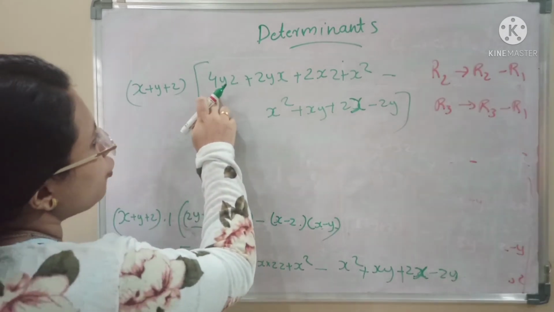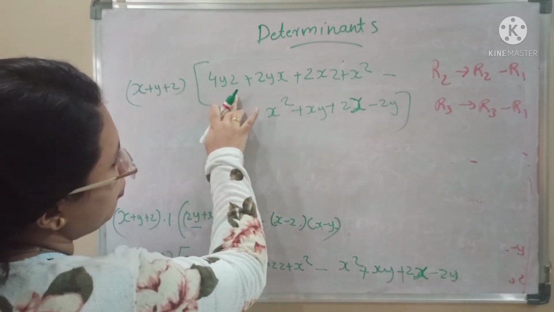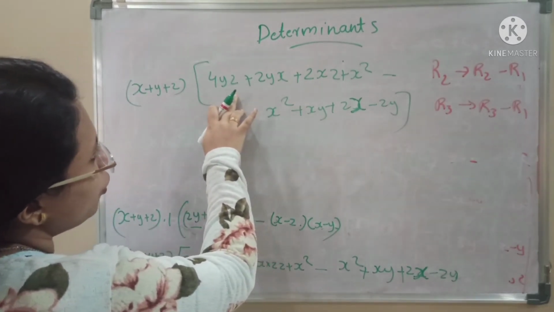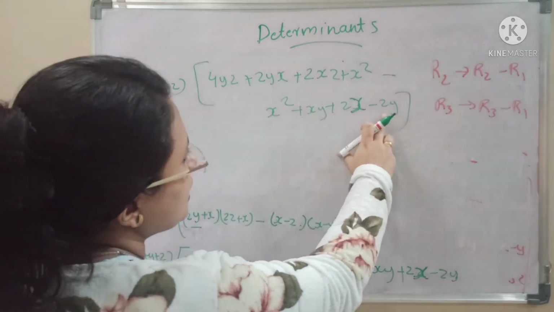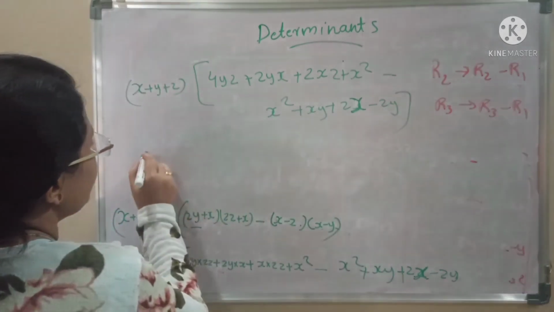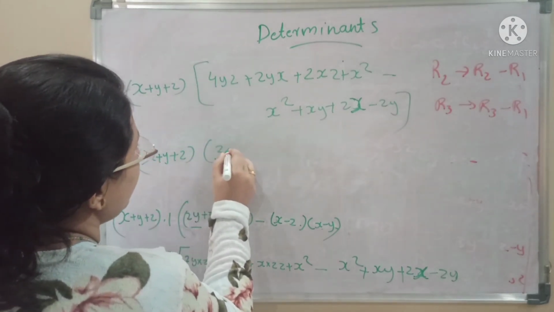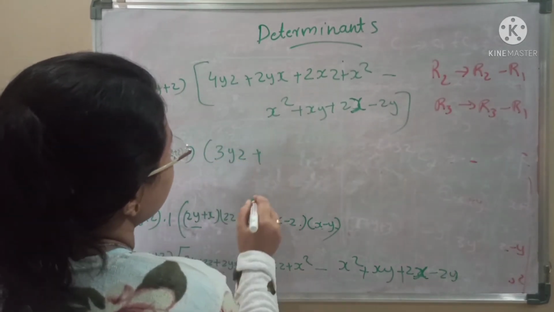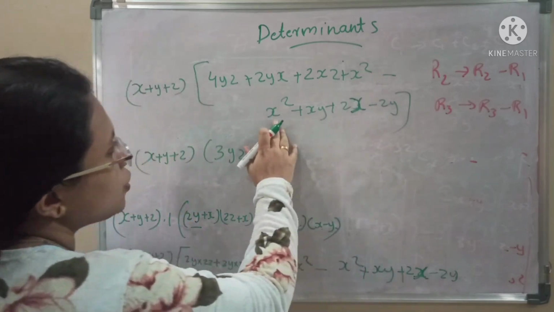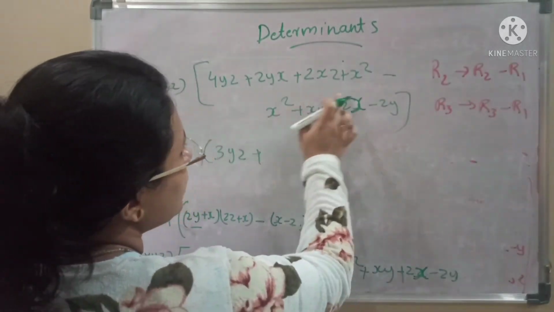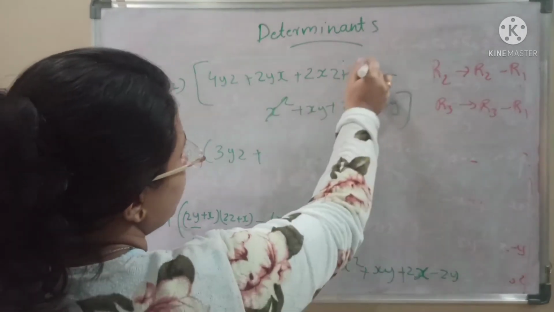So now we have 4yz. 4yz minus yz will be 3yz, right? 3yz plus. Okay, so here we have a plus x square and minus x square, so both will get cancelled.